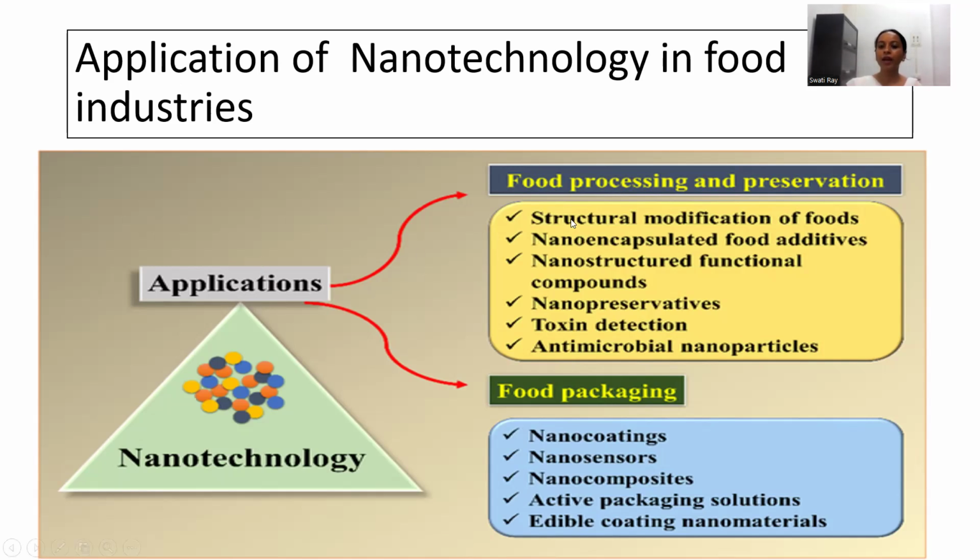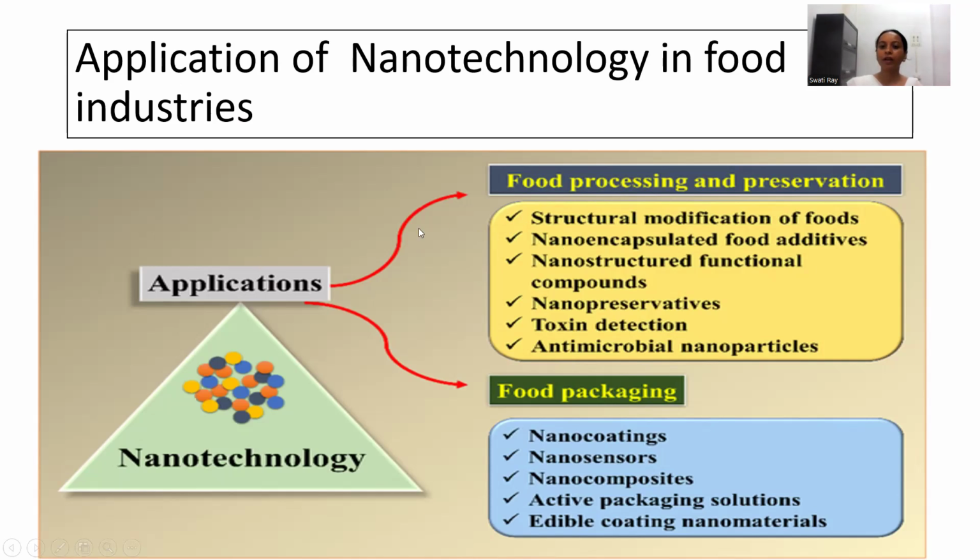We know that fat contributes to mouthfeel and texture in ice cream, so reducing fat is very challenging, but nano emulsion helps enhance the texture and mouthfulness. Without hampering the texture, the fat can be reduced.